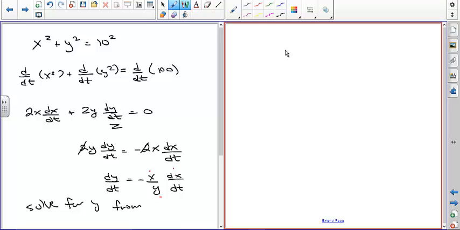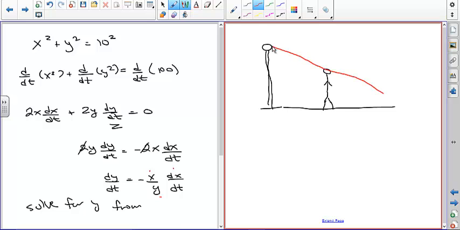Okay, so what we have is a light bulb. So here it is on a pole. And then you have a man, which kind of looks like a light bulb, pole with legs. And the light shines like this, and it goes in the shadow.